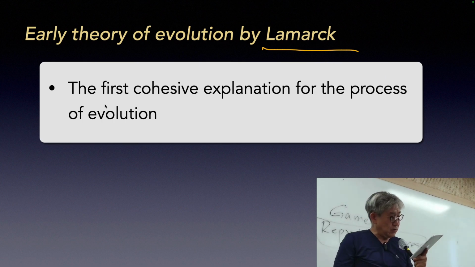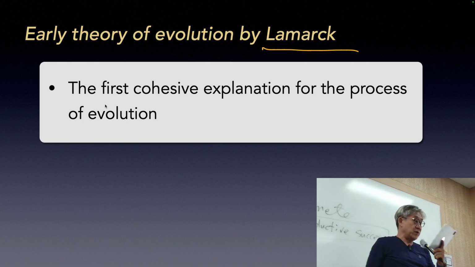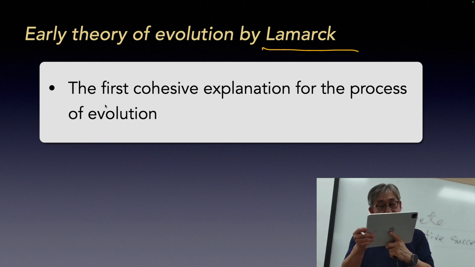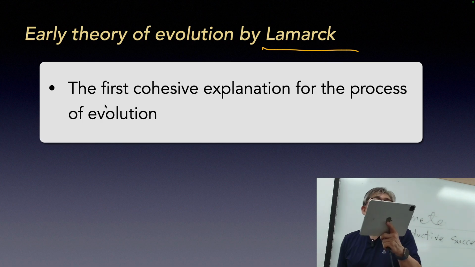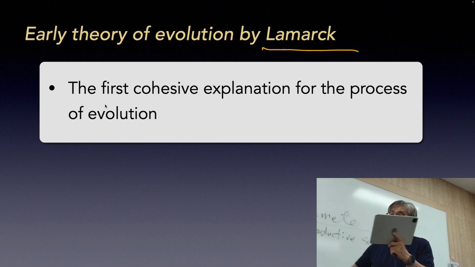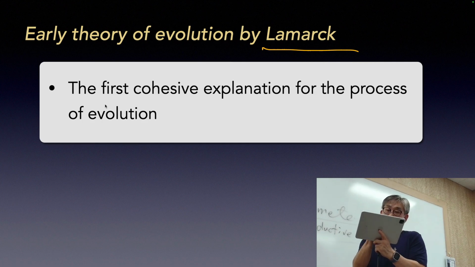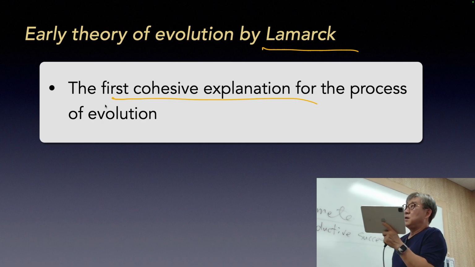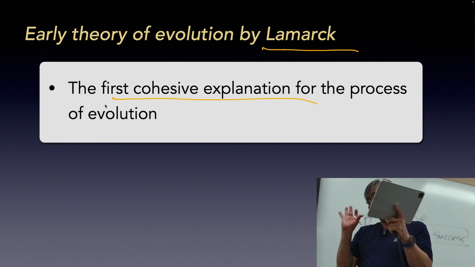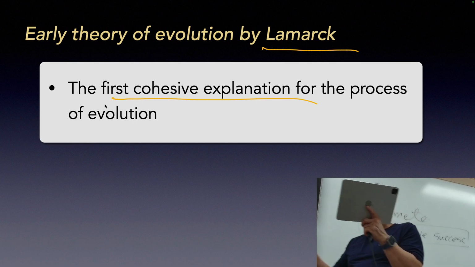I may not be able to pronounce his name correctly, but anyway, he was a very famous naturalist, and he should at least be credited with formulating the first reasonable explanation of how evolution might occur.